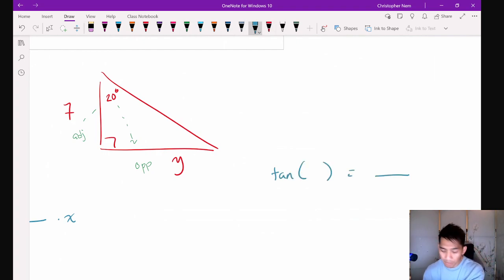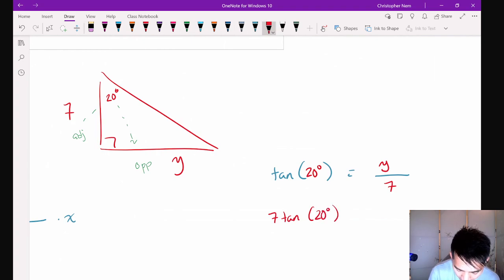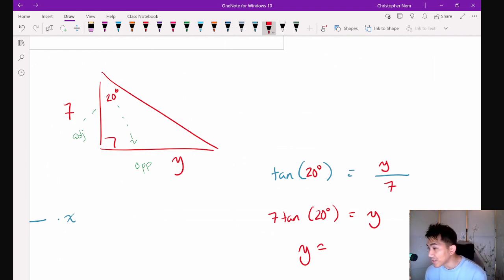Remember, my input is the angle measurement, so I'm throwing in 20 degrees here. Now it spits out the ratio, which in this case is y over 7, and I'm solving for y. So all I need to do now is multiply both sides by 7, and then I get exactly what y is. So y is approximately 7 times tangent of 20.